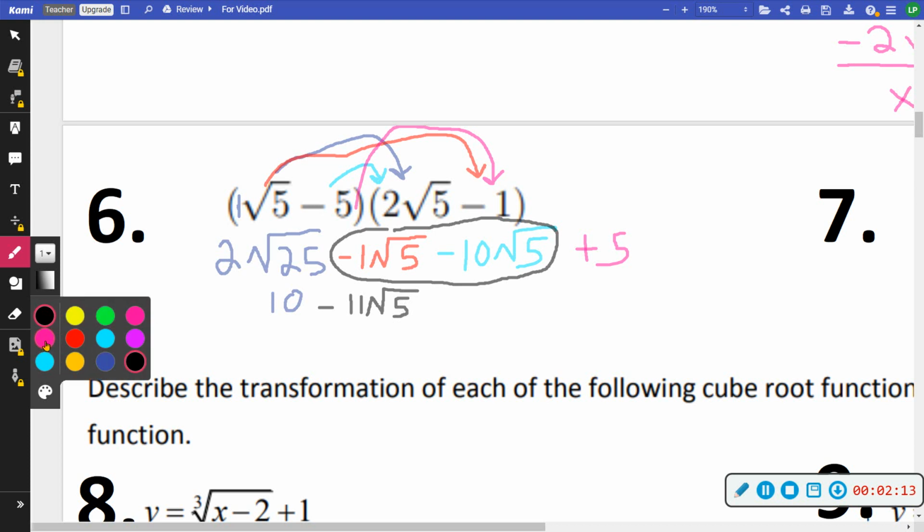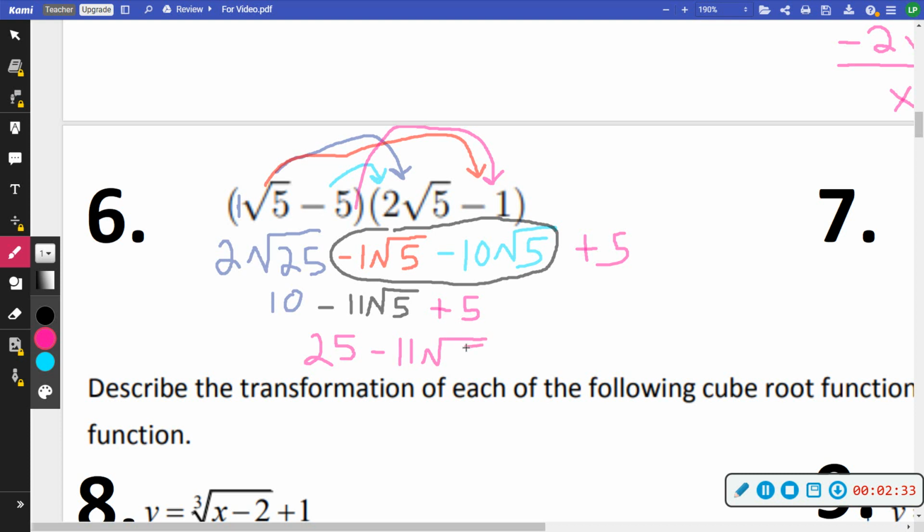And then I have plus 5. Then I see that 10 plus 5 are like terms, so 10 plus 5 is 25. And I would leave that part alone. So I get 25 minus 11 square root of 5.